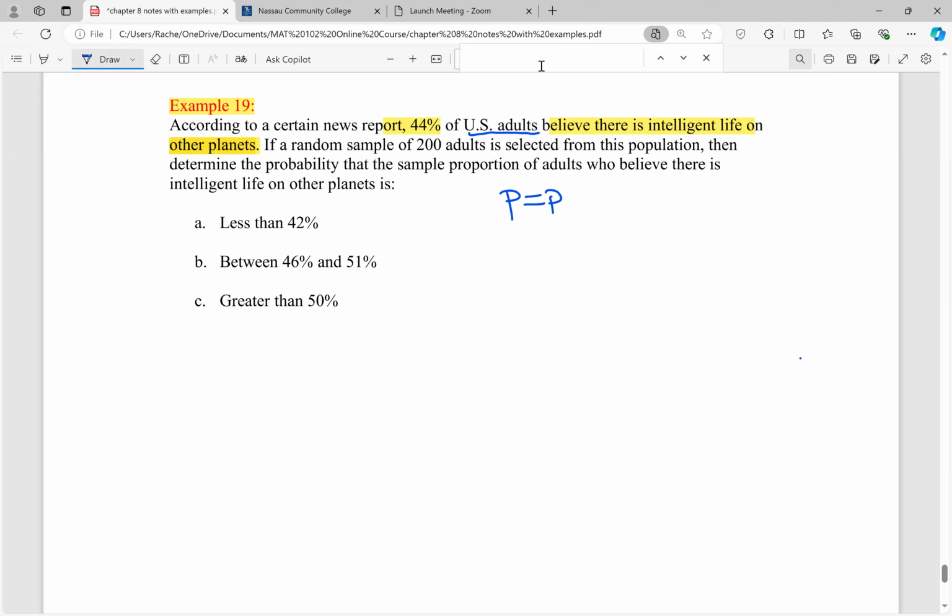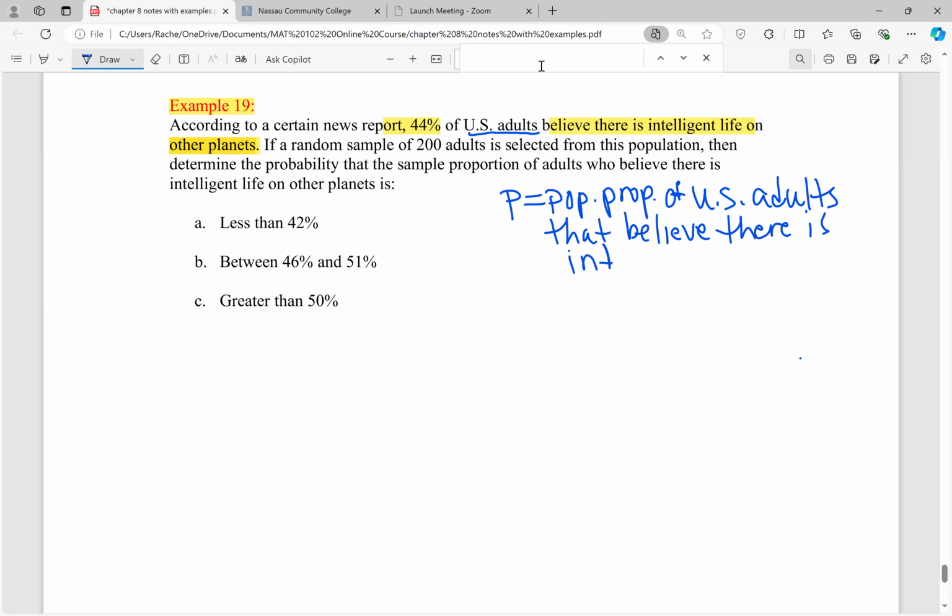is equal to 44%. So this is, P stands for the population proportion of US adults that believe there is intelligent life on other planets.